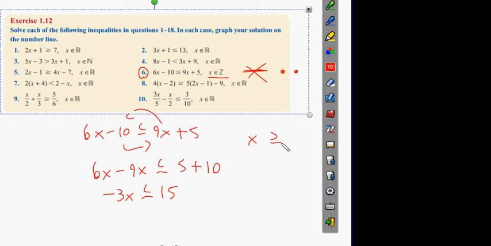Turn the sign around the other way. And what is 15 divided by minus 3? Minus 5. Now, x is bigger than or equal to minus 5. So you draw minus 5, and it's all the numbers that are bigger than minus 5. There's too many of them to draw, so you use an arrow.